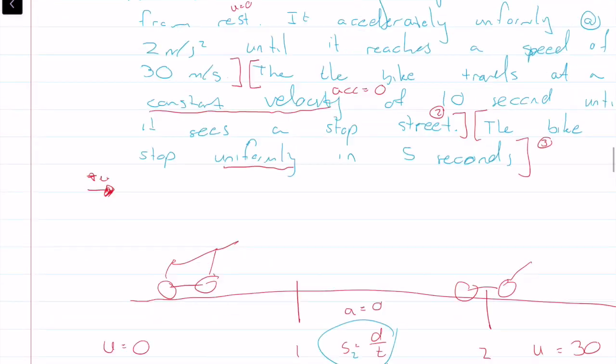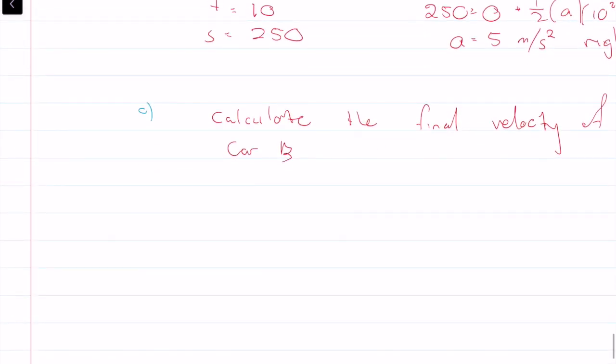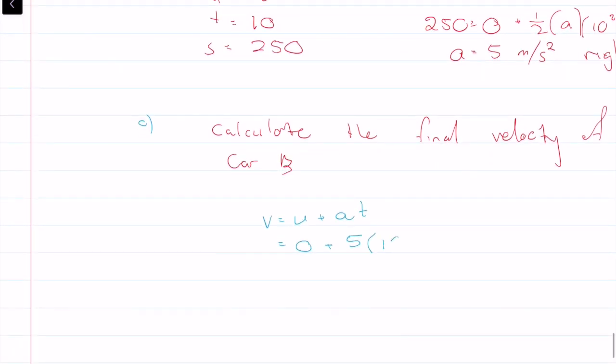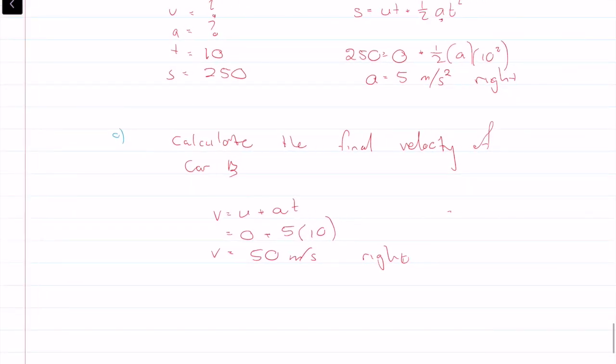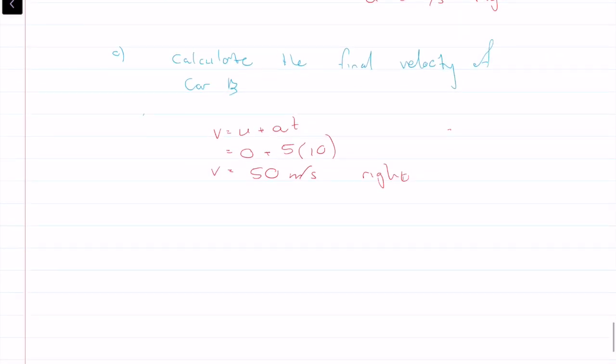We're going to have to use one, so we might as well pick the easiest one: V equals U plus AT. Our initial is 0 plus our acceleration, which we calculated as 5, and our time, which was 10 seconds. So we're left with V equal to 50 meters per second, and it's traveling right. That needs to be in red, and that needs to be in blue. And so that's our final answer.